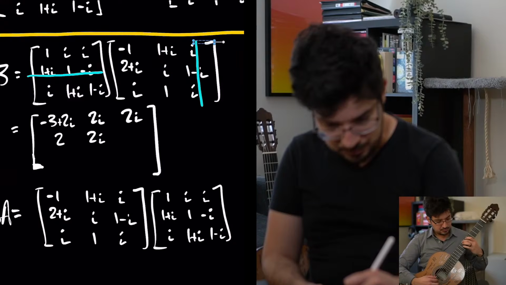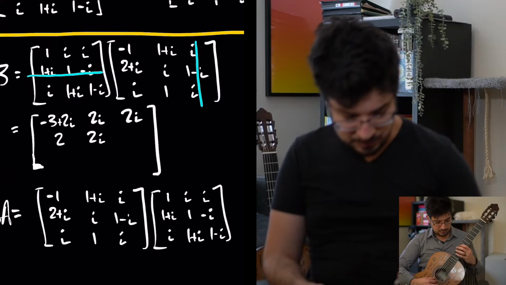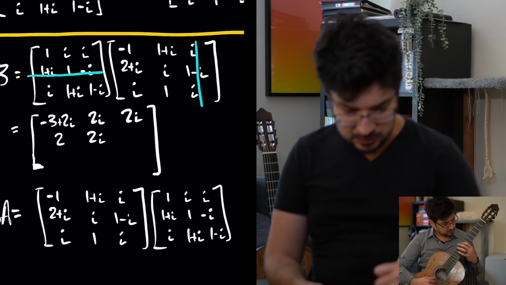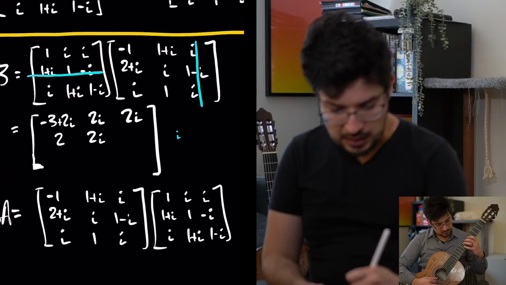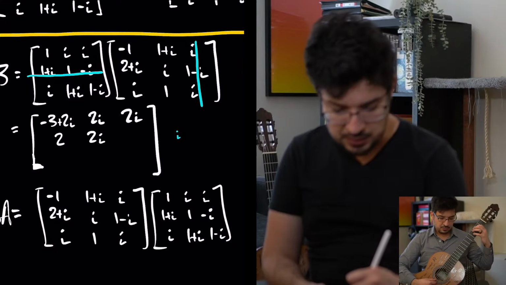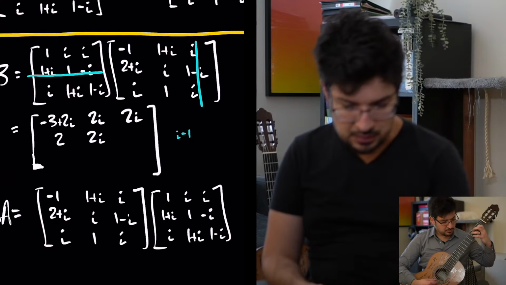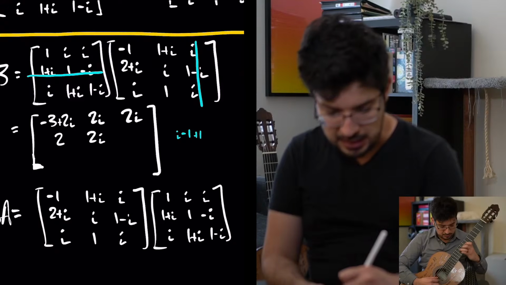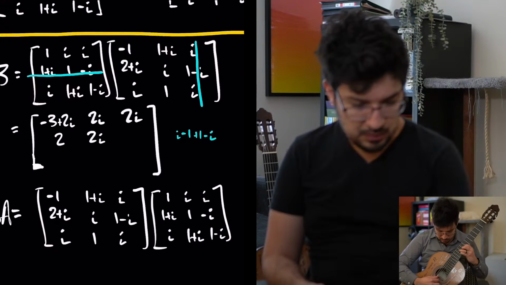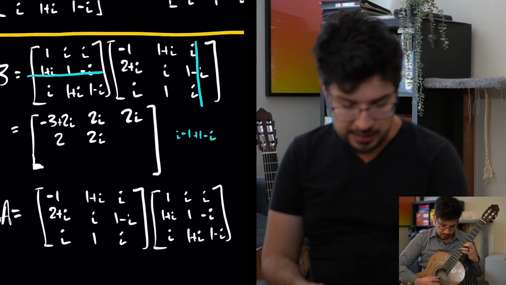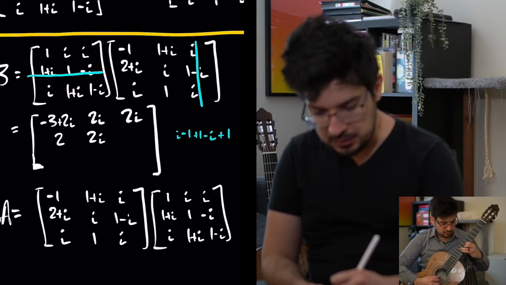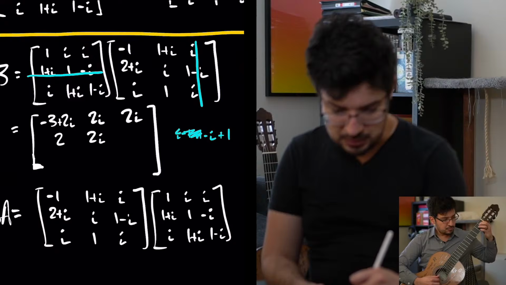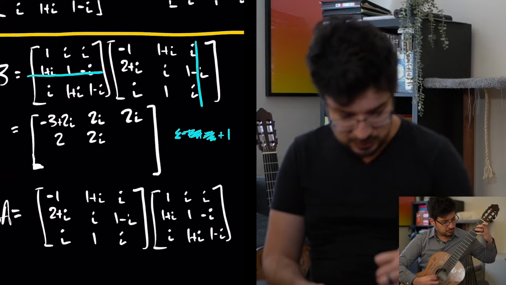And now we have i plus i squared plus 1 minus i minus i squared. So those two cancel, this and this cancel, and this is just 1.